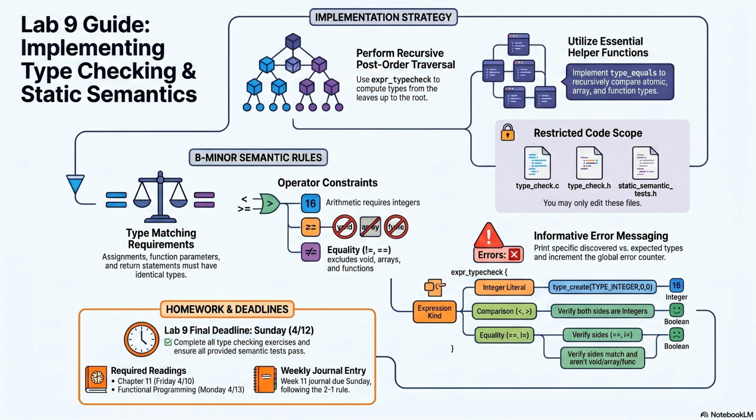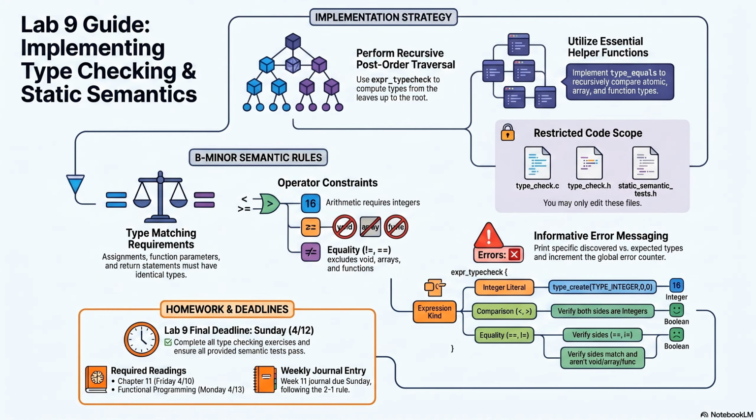Absolutely. The recommended approach is to implement the base cases first. Write the switch cases for integer and Boolean literals, compile it, and test it immediately. Right, and then maybe implement the type copy helper function for variable resolution. Exactly. Compile and test. Then build out the logic for a single binary operator, like addition. Isolate each component, verify the memory is freeing correctly, and really encode that knowledge before moving on to the compound types.